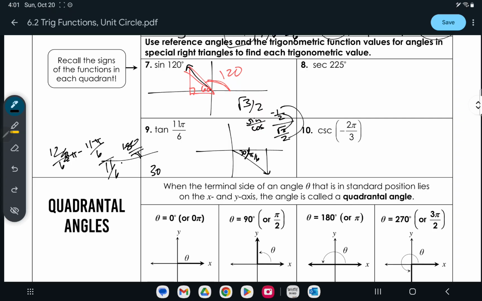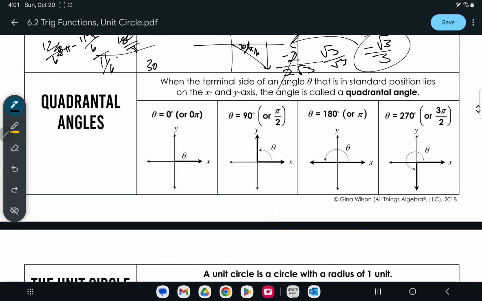So then big C over little c, I get -2 over 2√3. So I can cancel out my 2's, and then rationalize the denominator, so I get -√3 over 3. Alright.